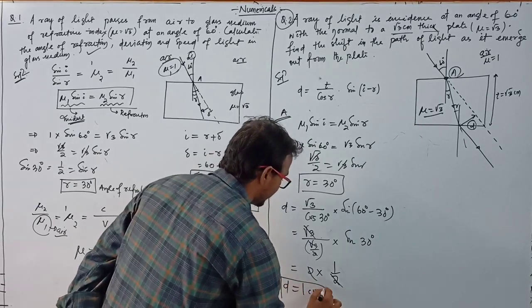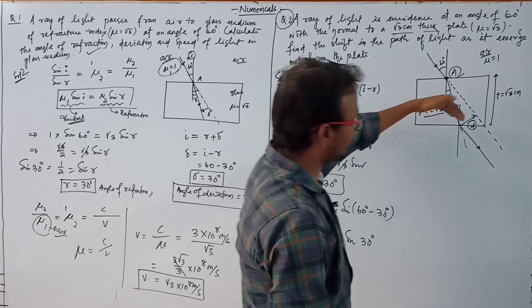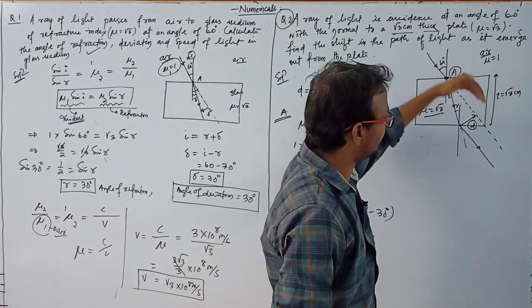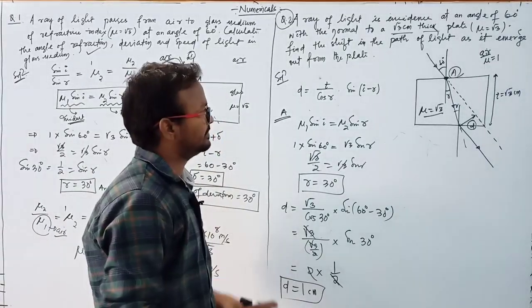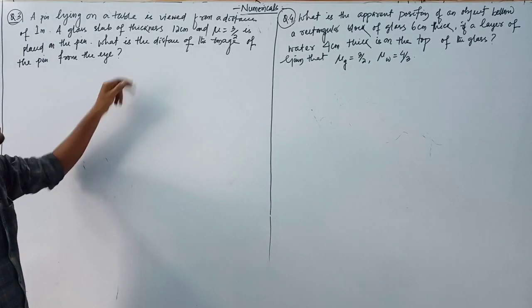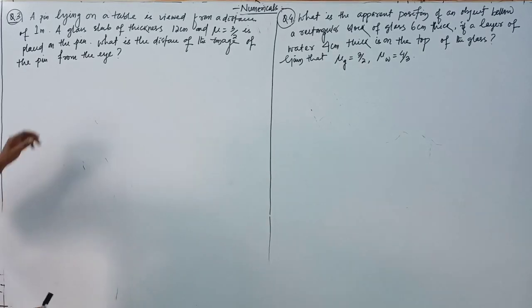Clear? So the lateral displacement of the incident ray from its original path is 1 centimeter. Clear?